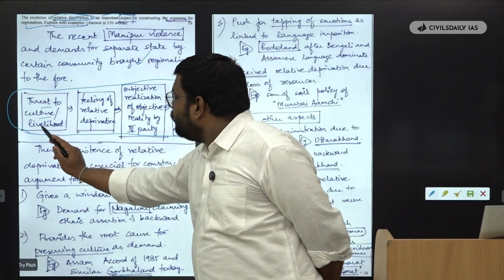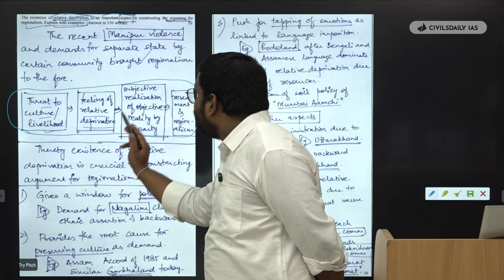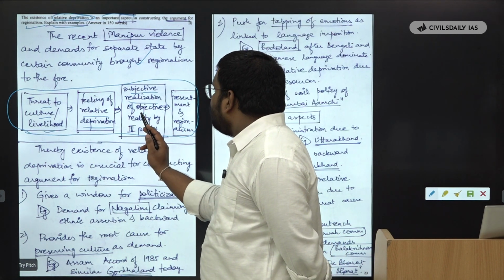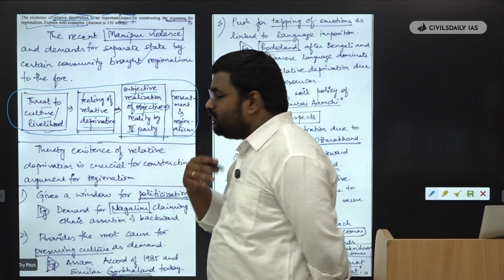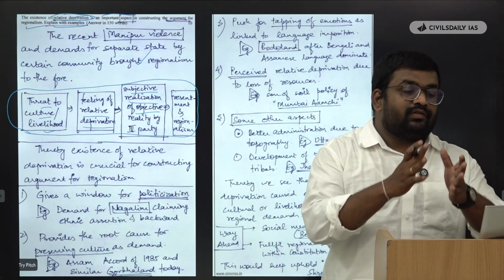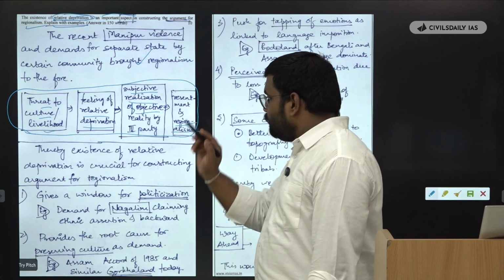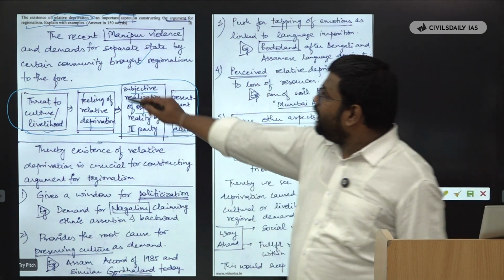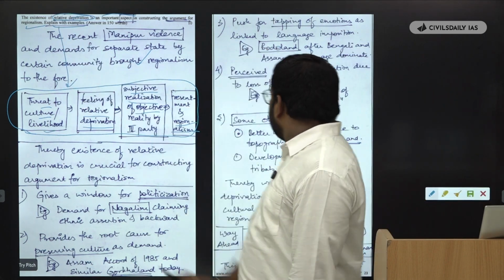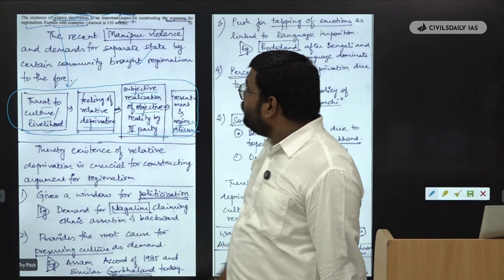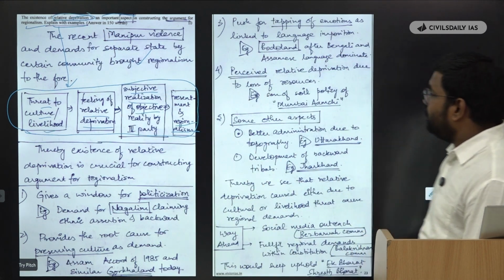Threat to culture and livelihood results in relative deprivation, then this results in subjective realization of objective antagonism between two neighboring states, which results in regionalism. So he has explained the mechanism of relative deprivation and then the reasons behind it.